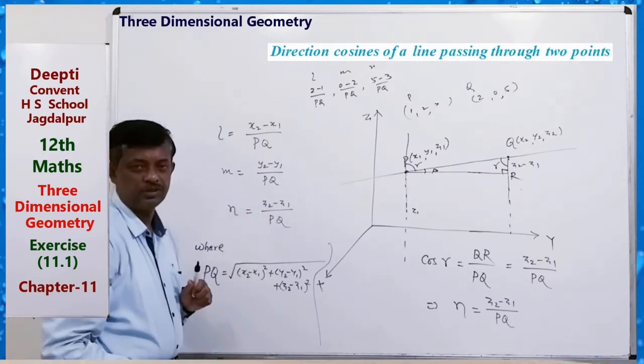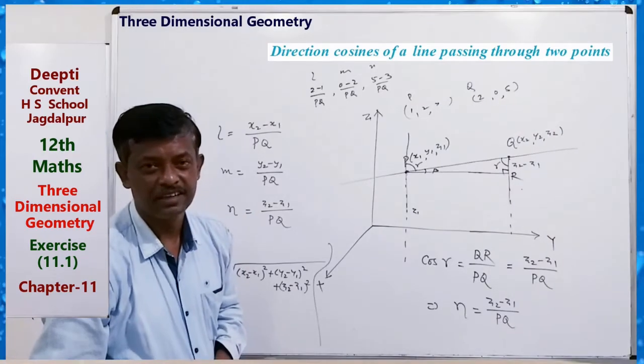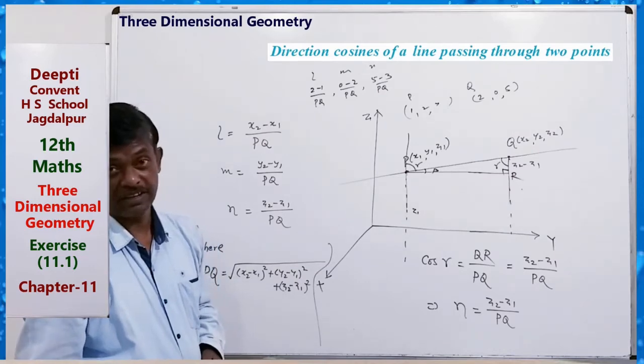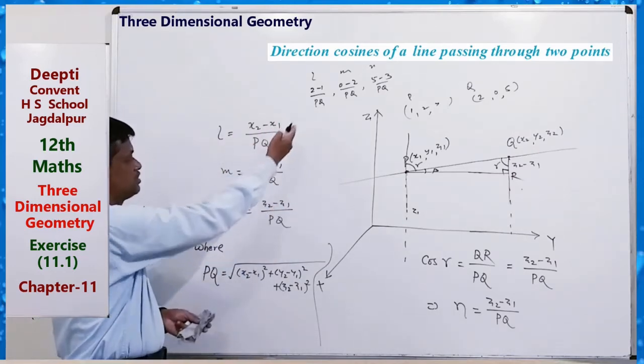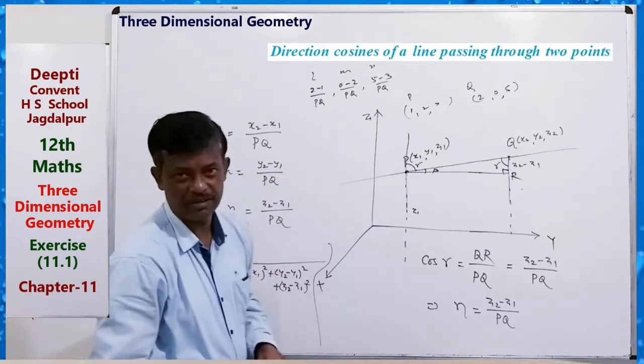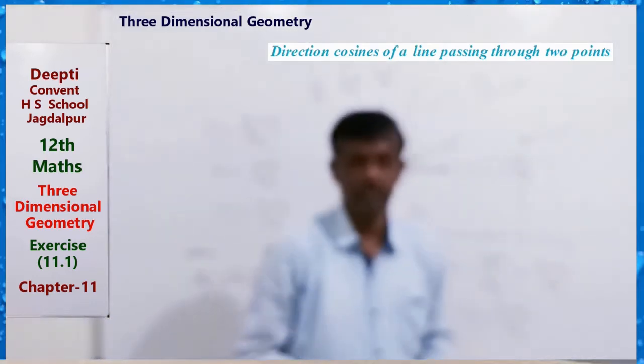From here it is also clear that this upon PQ, this upon PQ, this upon PQ, all have PQ in the denominator. So the direction ratios may be, excepting PQ, only x2 minus x1, y2 minus y1, z2 minus z1, because they are proportional numbers.